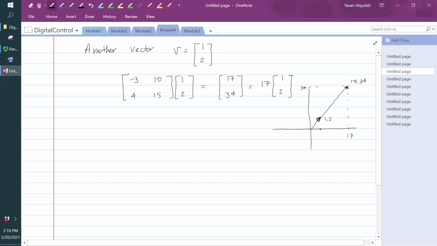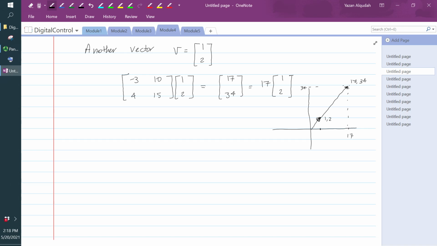So therefore, we conclude that these eigenvalue and eigenvectors, if I were to consider A as a transformation, then if I have a vector so that when I transform it, that vector after the transformation is still located in the same direction as the original vector, then that vector is considered an eigenvector. And the value by which it stretches or shrinks is the eigenvalue.